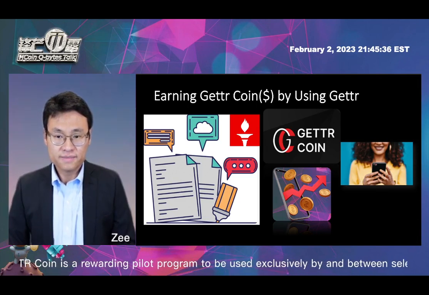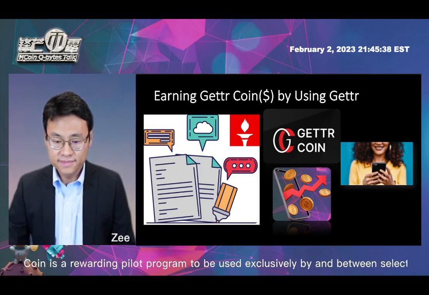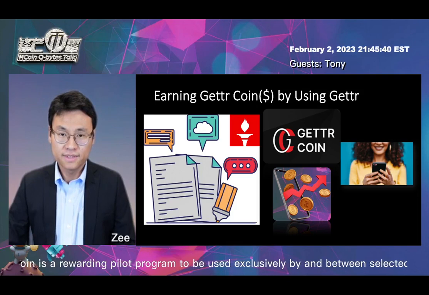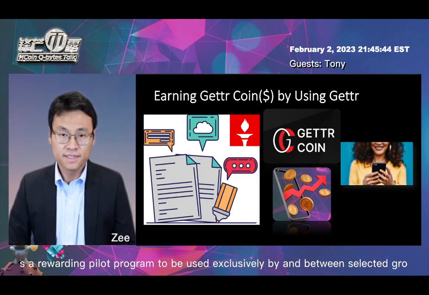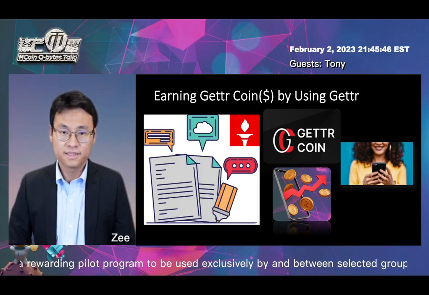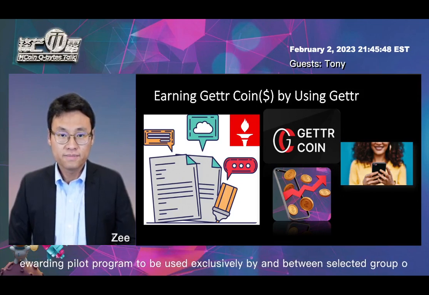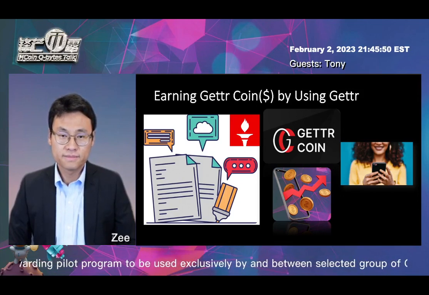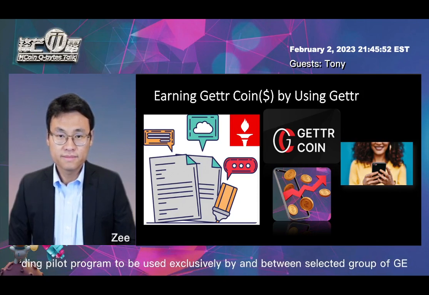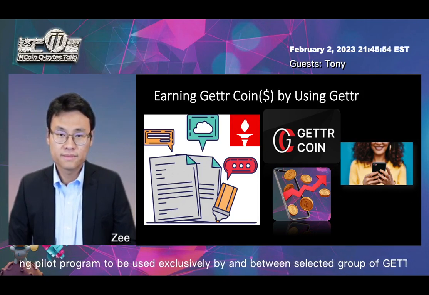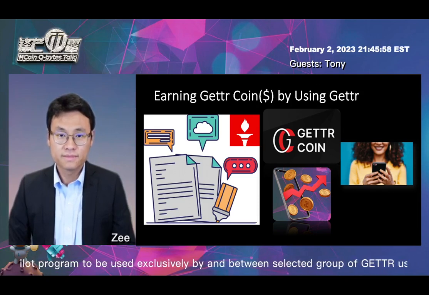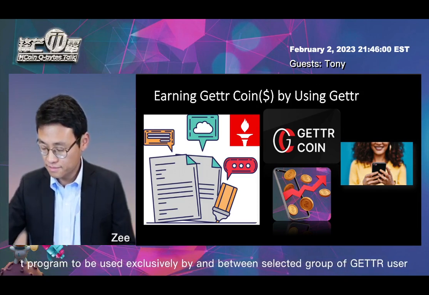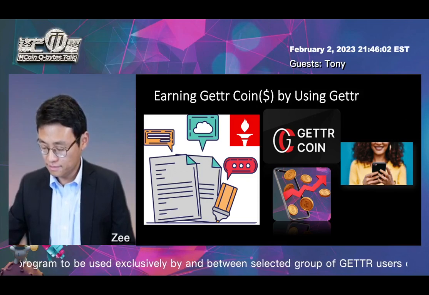Yeah, so I think Gettr coin is probably the first real Web 3.0 kind of cryptocurrency launched on a social media platform. We all know that as cryptocurrency develops, the trend for future social media is to decentralize the value of social media and to upgrade from Web 2.0 to Web 3.0 platforms.